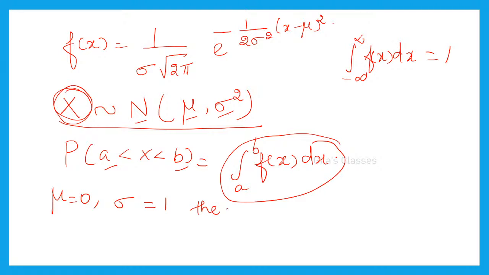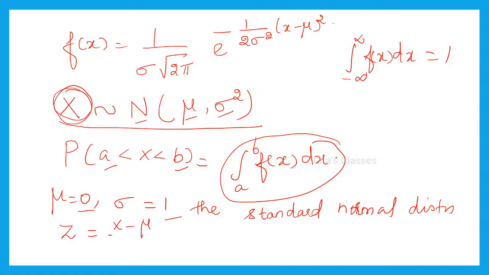So standard means immediately you should remember these two things: mu will be 0 and sigma is equal to 1. These two conditions you have to remember. And always remember z is equal to x minus mu by sigma.